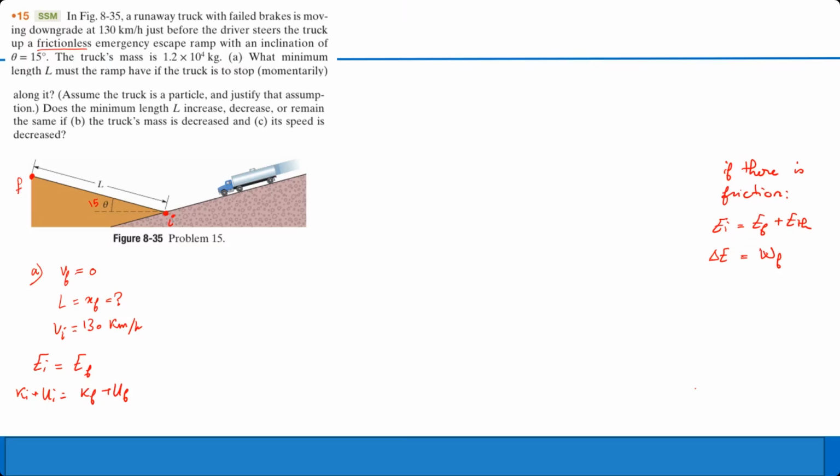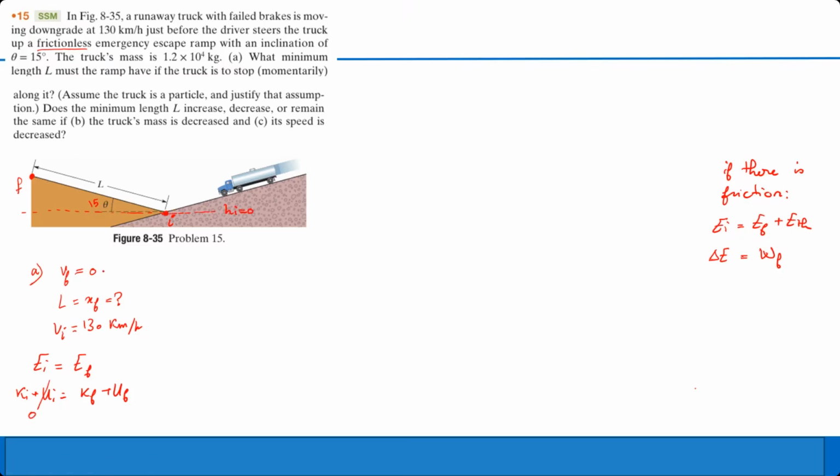When we work with gravitational potential energy, we have to select a reference for our height as usual. I'm going to choose my reference to be at the initial point because I just have these two points that I'm studying, point I and F. The lower one between them is I, so I'll take point I to be the point of 0 height. So the height here is 0, then there's no potential energy.